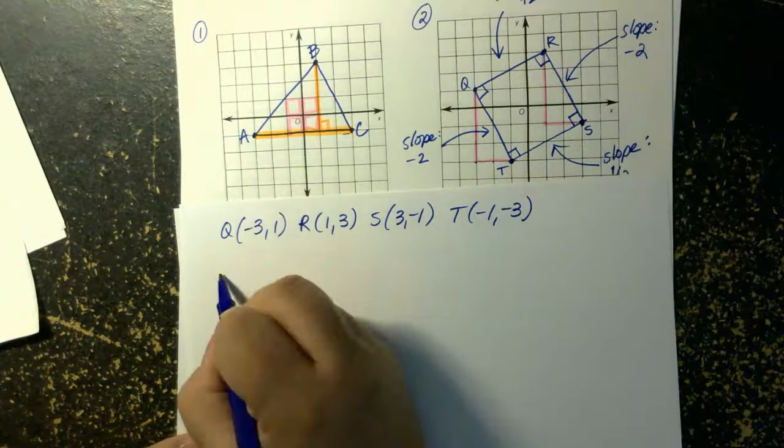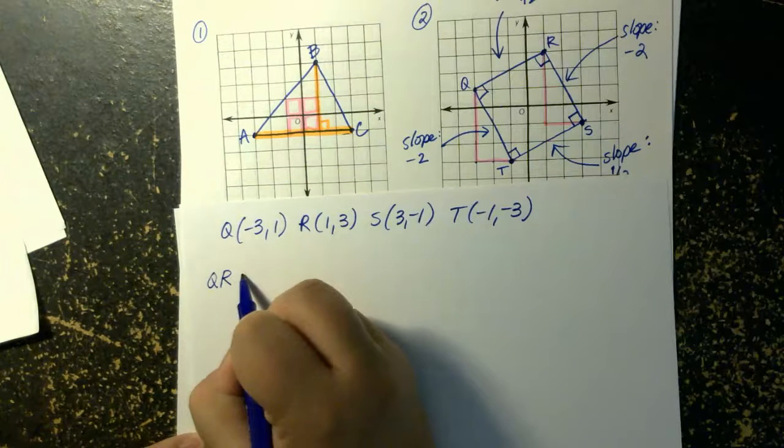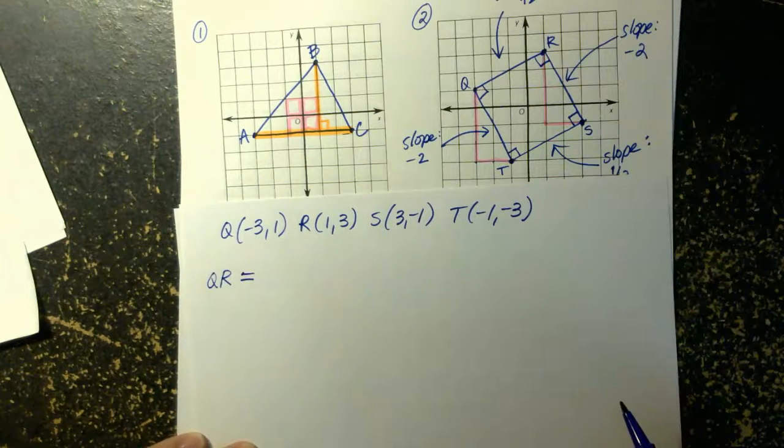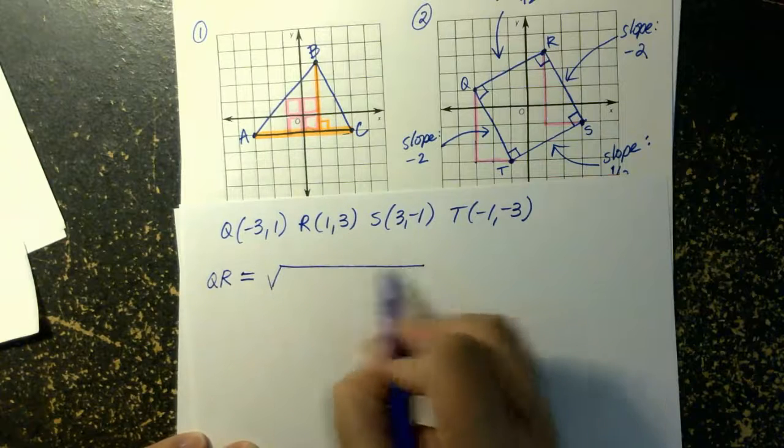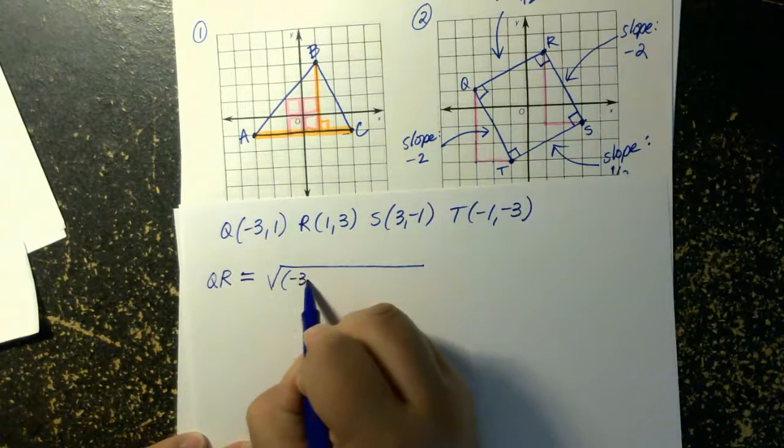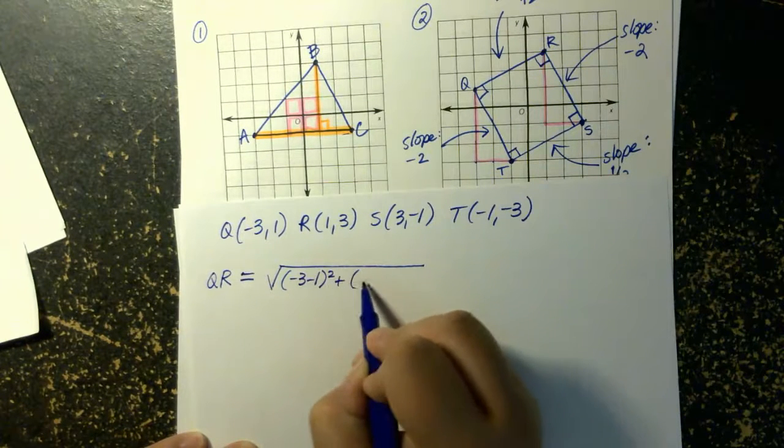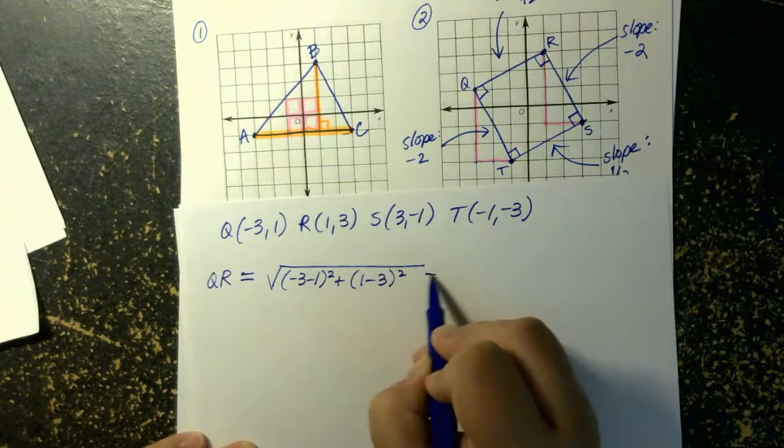All right, distance formula, and I'm going to do it 4 times. So I'm going to go through this kind of quickly. You are welcome to pause at any time. So the length of QR, I'm doing the difference between my x's, difference between my y's.